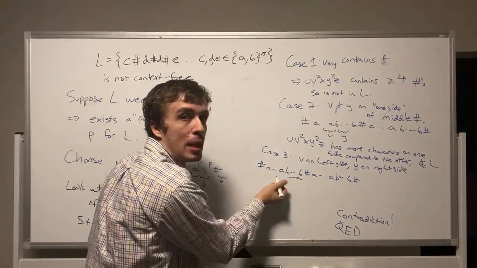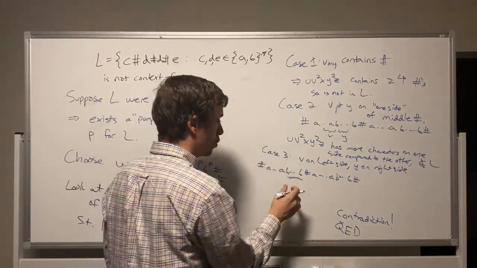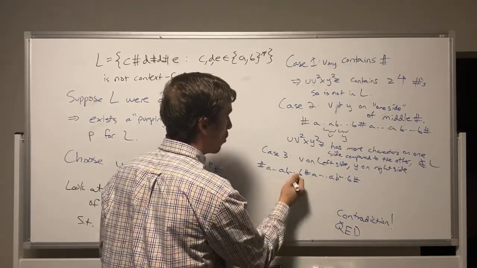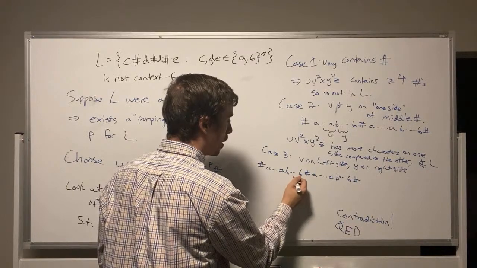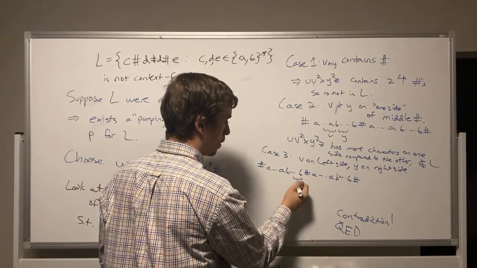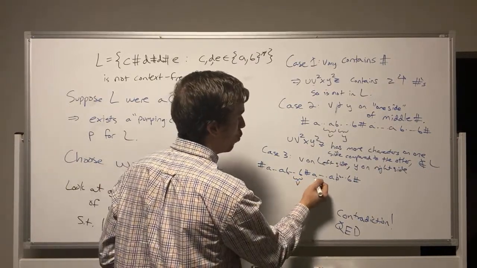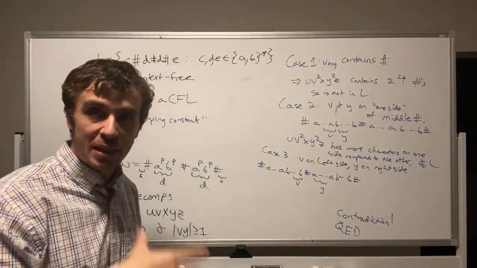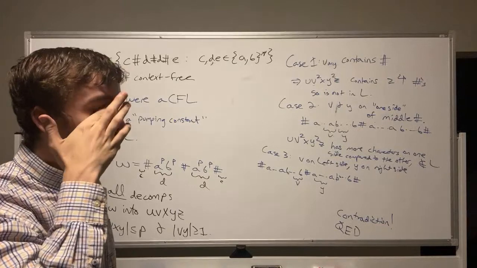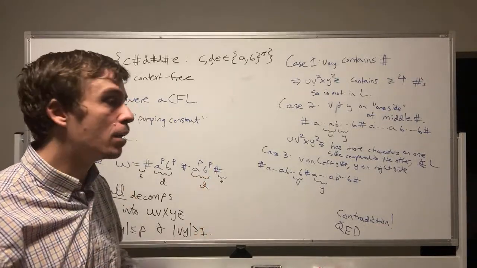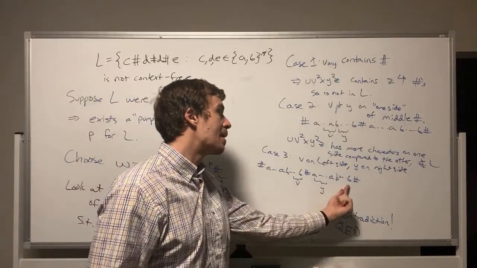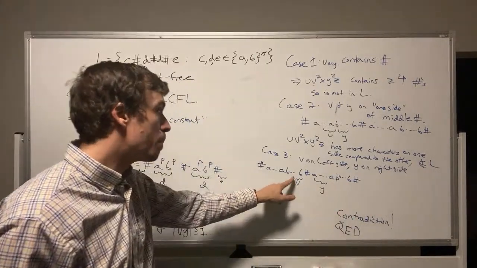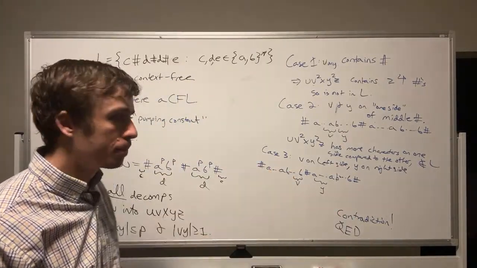It can't touch the A's over here. And that's what's crucial, although it doesn't really matter too much, but it'll help. So the V part is right here. And for similar reasons, the Y part is in the A's there, because V and Y in total have at most P characters. So the Y part can't lead into the B's over here, because the V part must be on the left side.